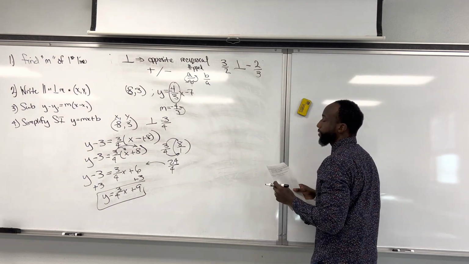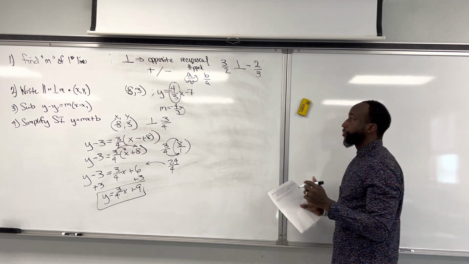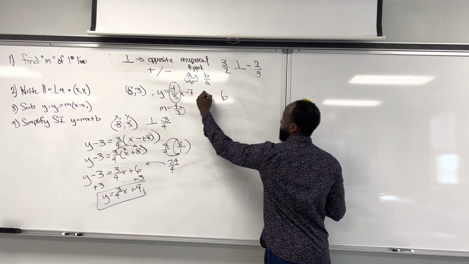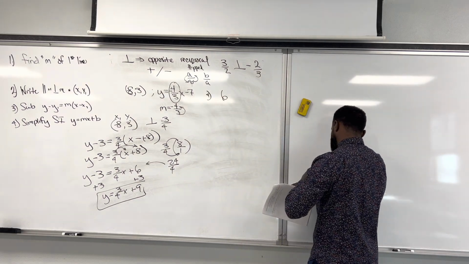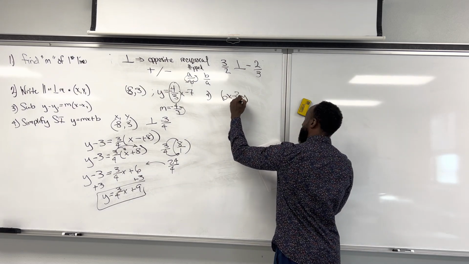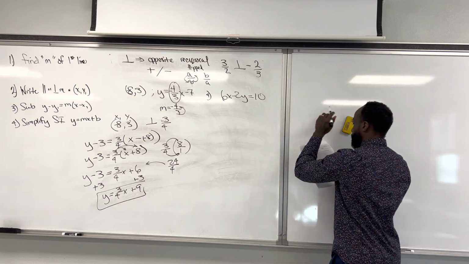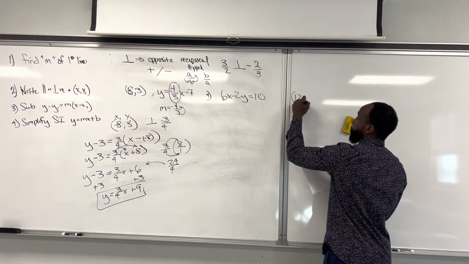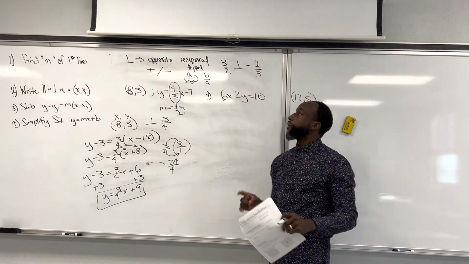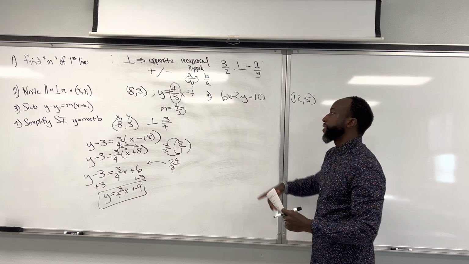So we're going to write the equation for the line that is perpendicular to this equation, number 4, 6x minus 2y equals 10, and it's going through point (12, 5), okay? First things first, find the slope. This is in standard form, so we gotta write it in slope-intercept form.